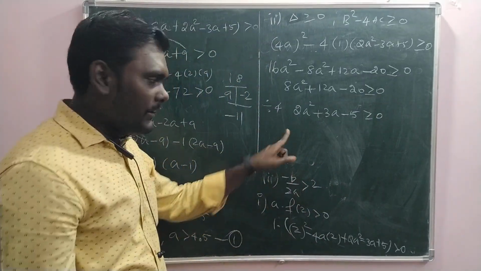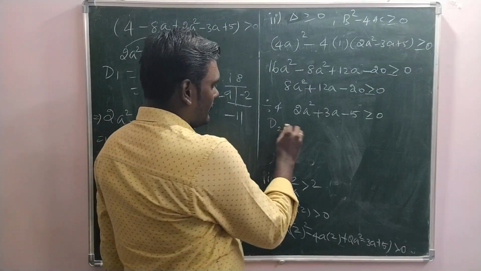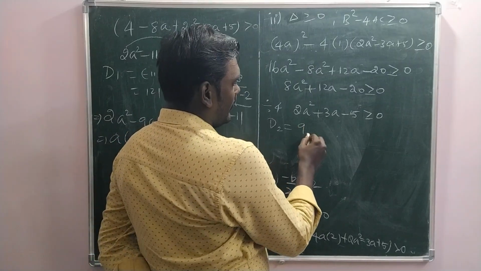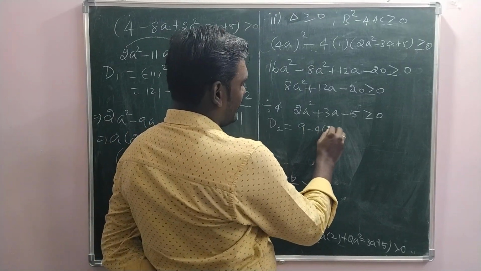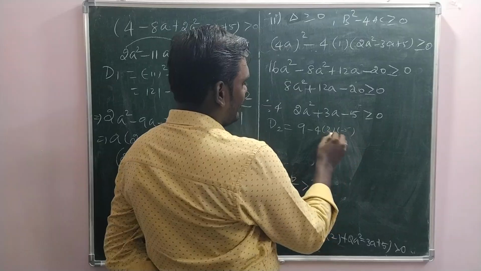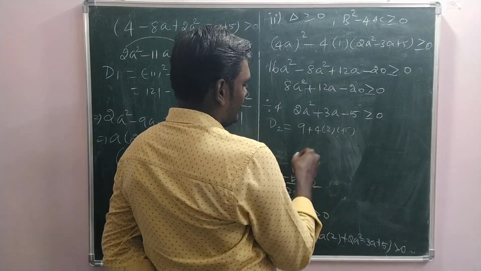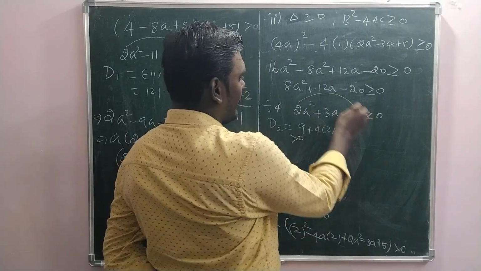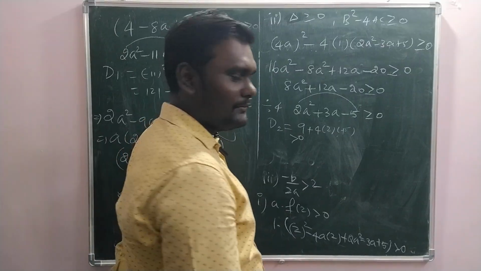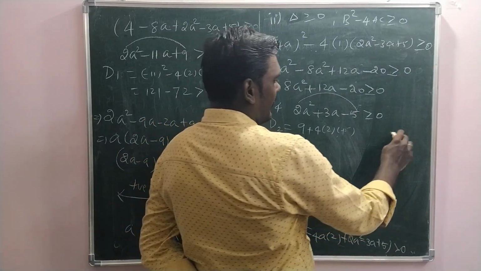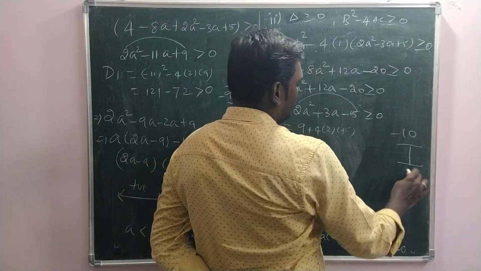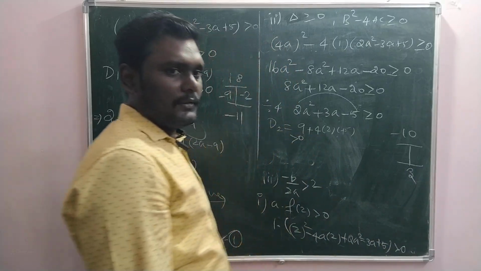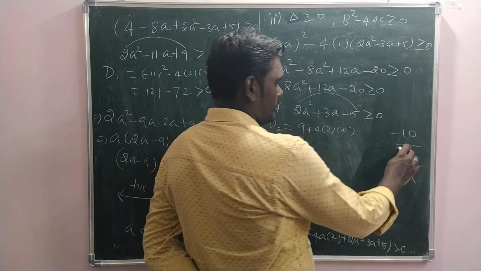Then here also discriminant we have to find. The discriminant is what? B square 9 minus 4, a is 2, c is minus 5, minus into minus it will become plus, so it is obviously greater than 0. We need to find the roots. 2 5s are 10, minus 10, addition 3. Find such numbers.